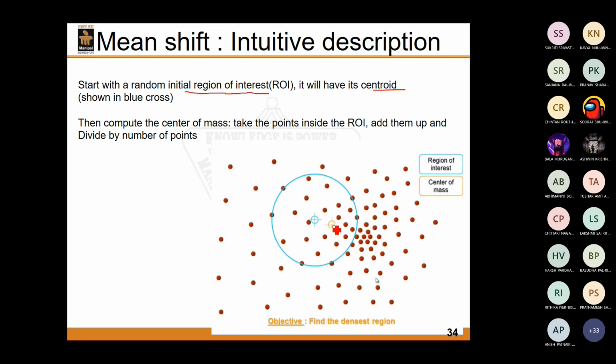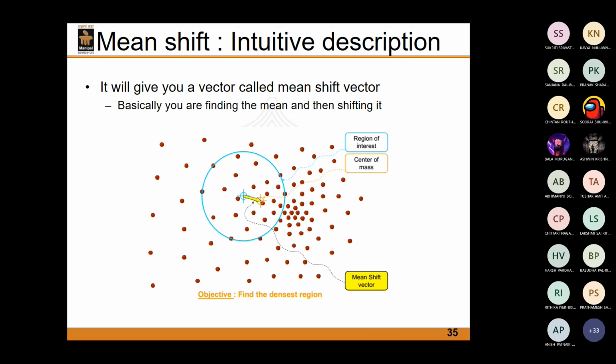So that is our second step. Next, we are trying to move the center of the circular region of interest towards the center of mass, which has been identified in the previous step.